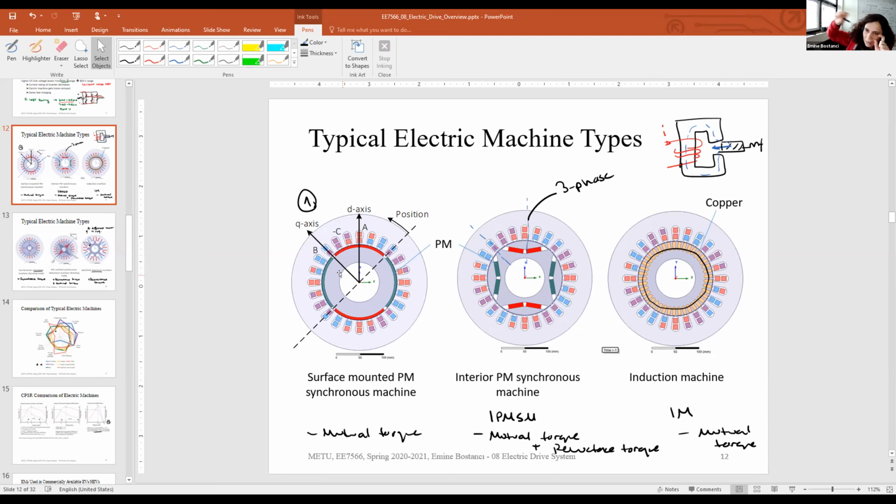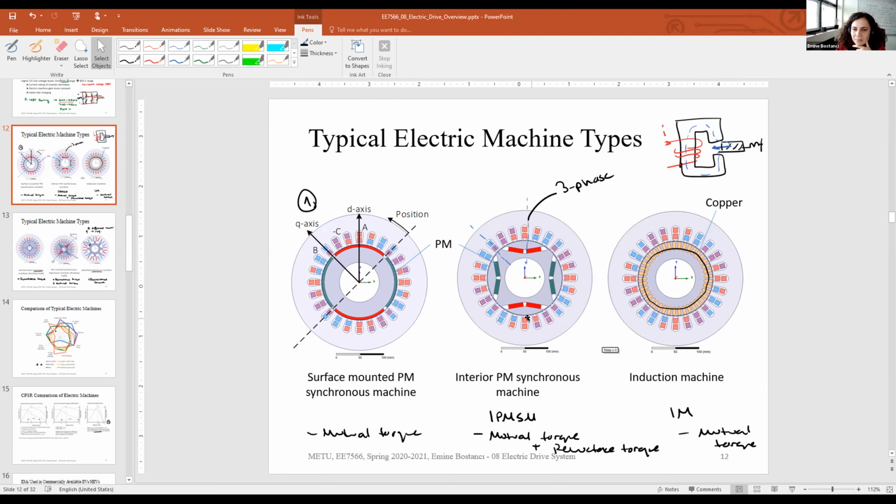So we need to put some bandages around the magnet, so the magnets stay around the rotor even at high speeds. And in this case, the bandages are getting expensive, and they also have a limit, and so on.